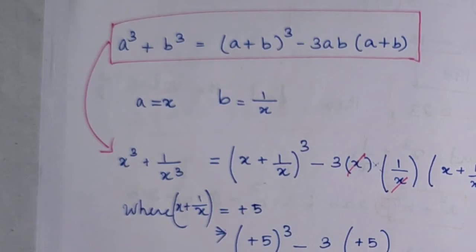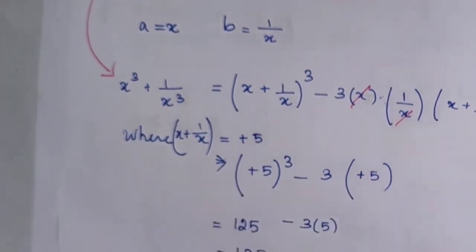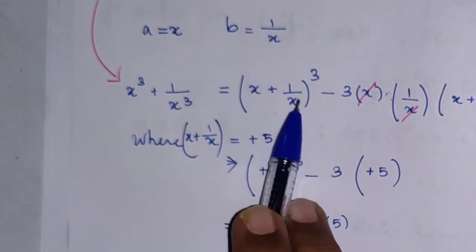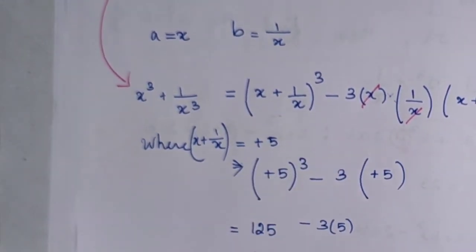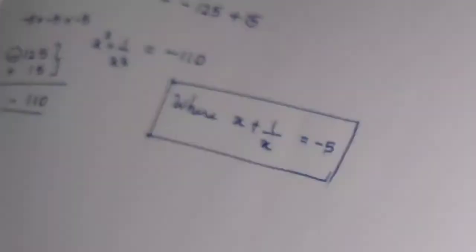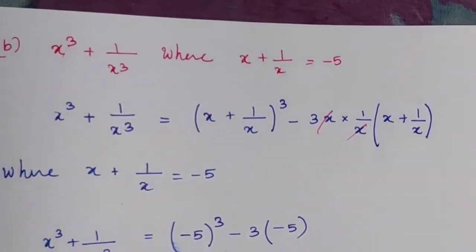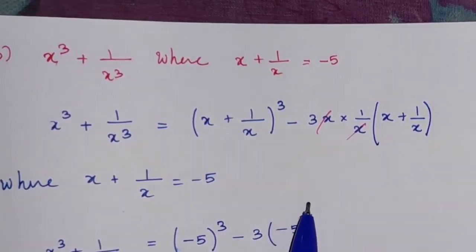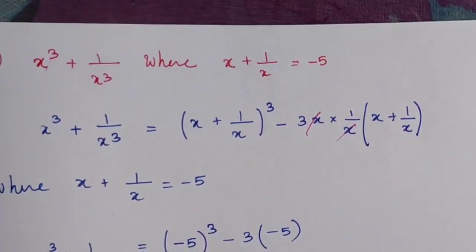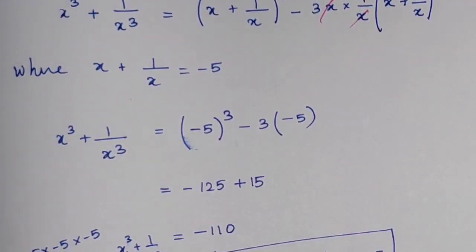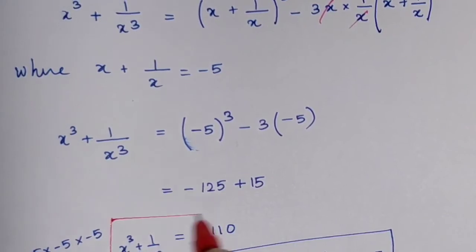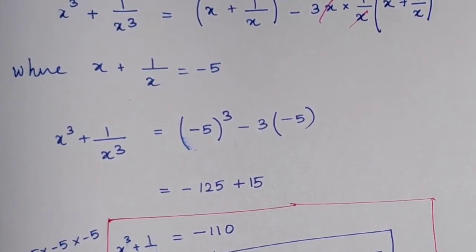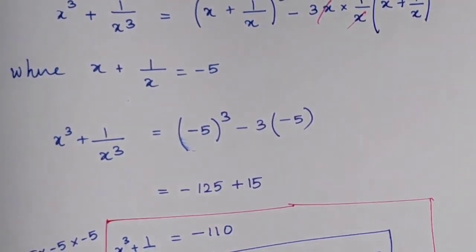So we have to write two cases. Substitute 5 for the first case in the place of x plus 1 by x and find the value. It is 110. And for the second case, again x plus 1 by x is equal to minus 5. In the same formula substitute minus 5 and find the value of x cube plus 1 by x cube, where x plus 1 by x is equal to minus 5.